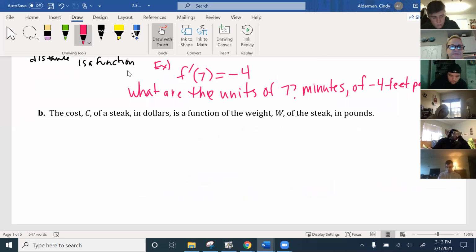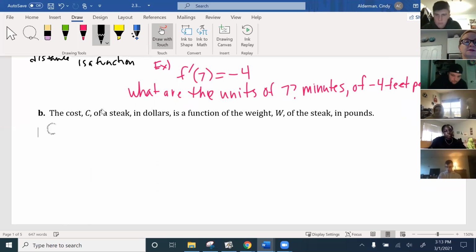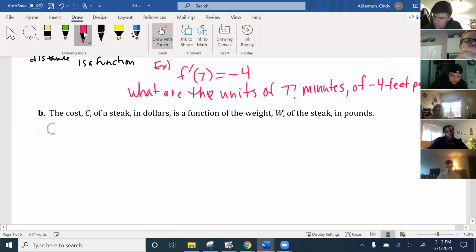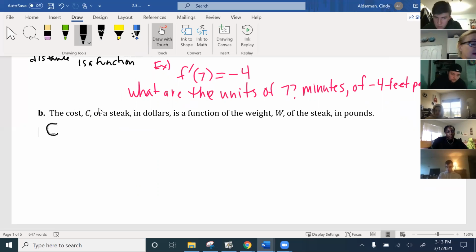Okay, let's try another one. We've got cost of a steak in dollars is a function of the weight of the steak in pounds. So we can say that cost is a function of weight.